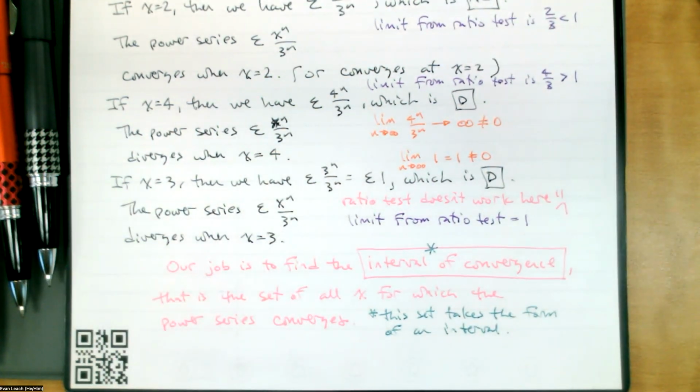So the set for which a power series converges will take the form of an interval. That's why we call it the interval of convergence, instead of just the set of convergence.